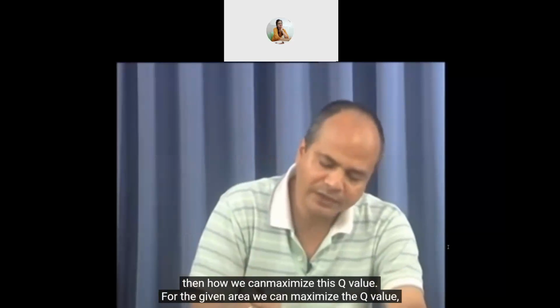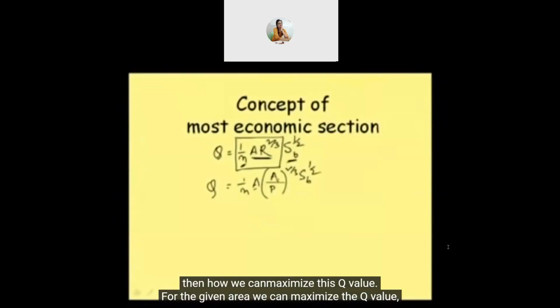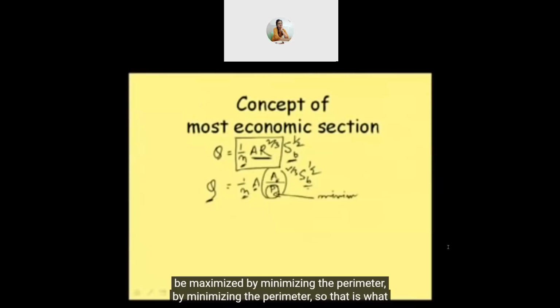For a given S and n, for a fixed A, our required discharge can be maximized by minimizing the perimeter, okay?